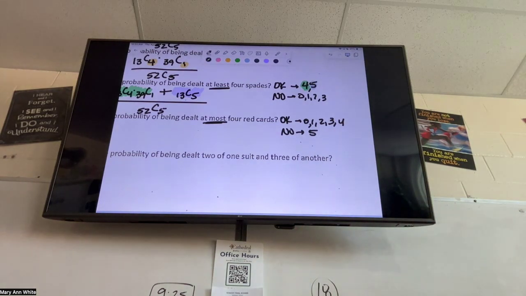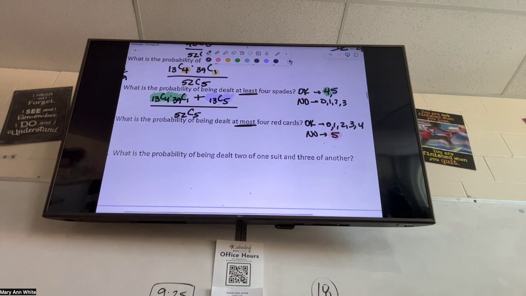What we could also do, though, is find out the probability of what we don't want, and subtract it from 1. Why am I going to subtract it from 1? Because it's 100%. These are all fractions, and the total of all these fractions is 100%.